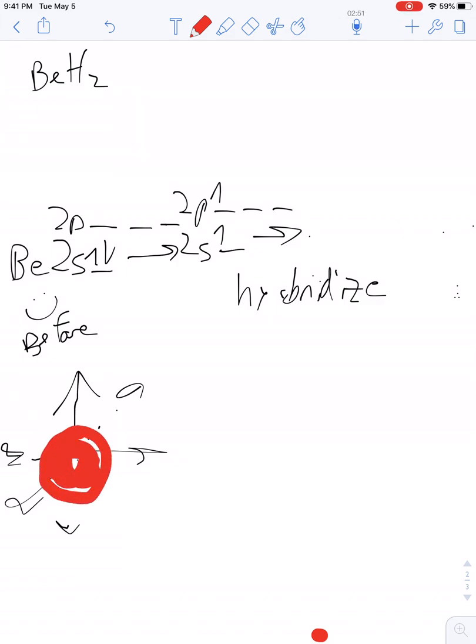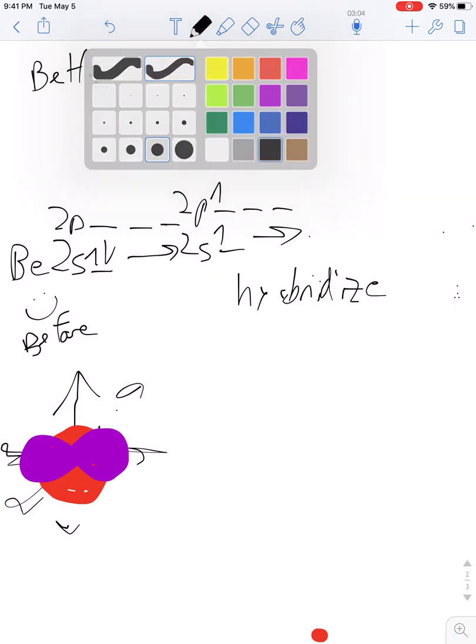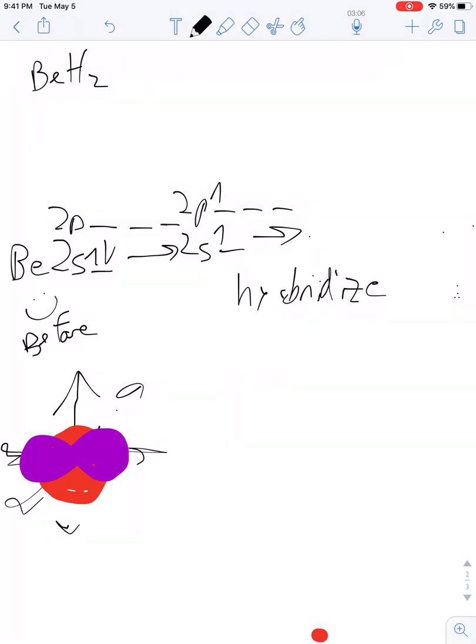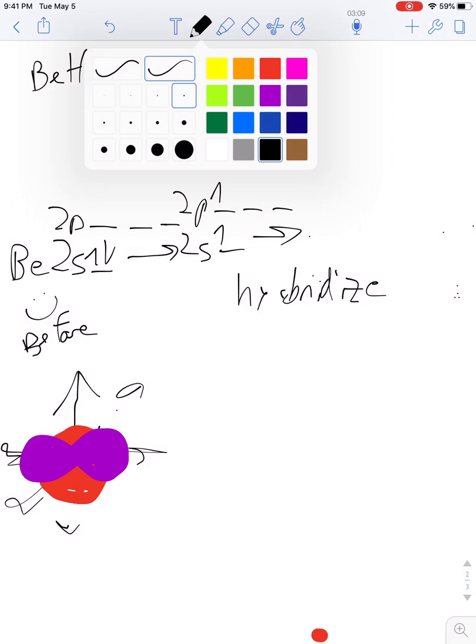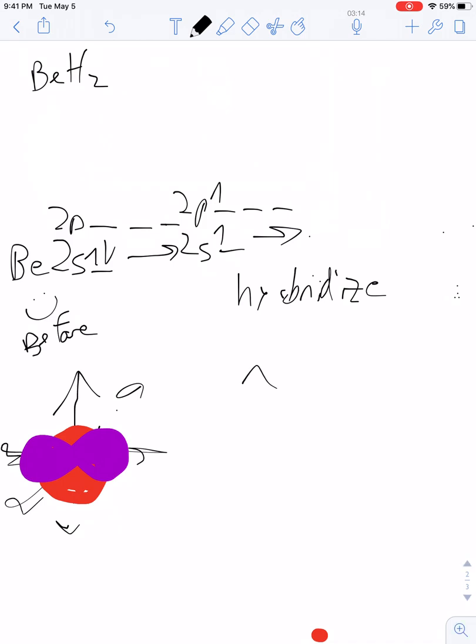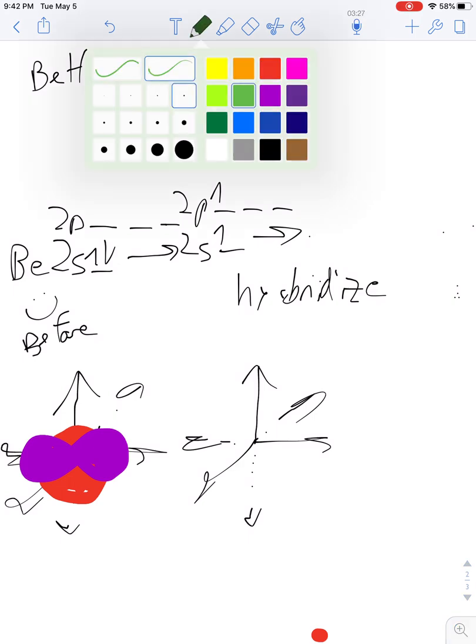So I'm going to hybridize a sphere with a dumbbell. So instead of mixing colors, I'm mixing shapes. What will I get if I mix a sphere with a dumbbell, or a p orbital? What you get is what's called an sp, and it looks like a kidney bean.